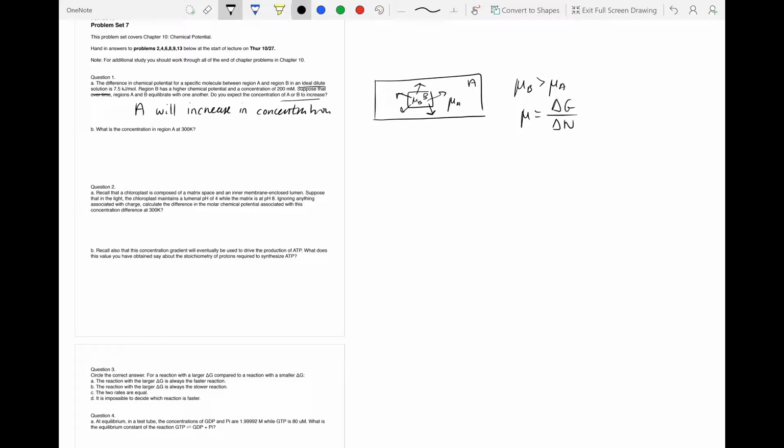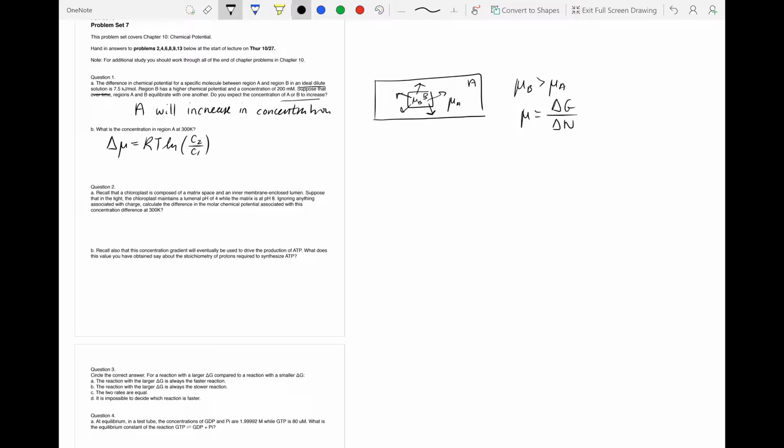The next part of the question is, what is the concentration in region A at 300 Kelvin? So the equation we're going to use is the change in chemical potential is equal to RT natural log some potential over another potential.